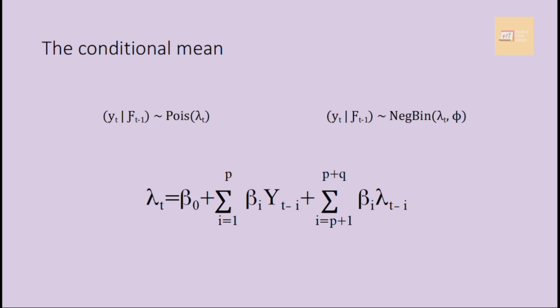Okay, now we're ready to model the mean. Notice that now we have the same notation for the mean of both distributions. So the conditional mean, regardless of our conditional distribution, would be modeled this way.